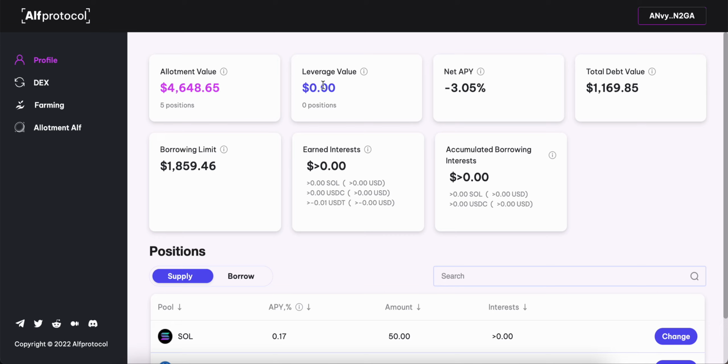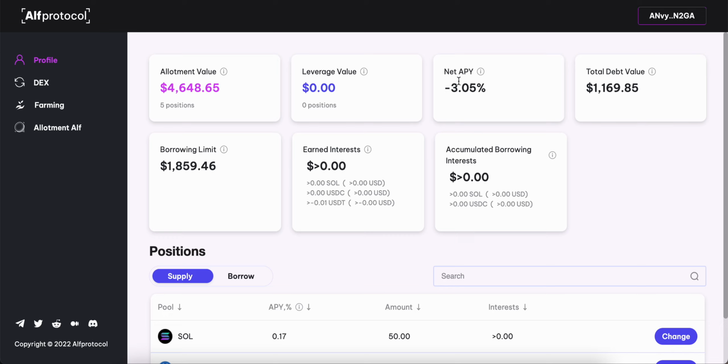Then you have the leverage value, which is how much money you used in leveraged yield farming positions. This is a feature of Alf Protocol, which at the moment is not enabled, but by the time you are watching this, it most likely is enabled. So if you have any leveraged positions, you will see that right here.